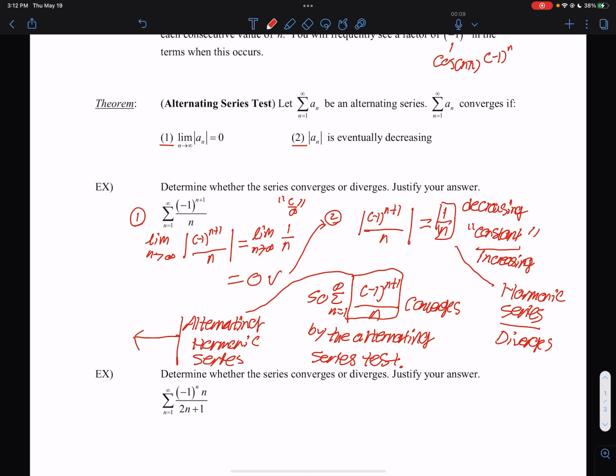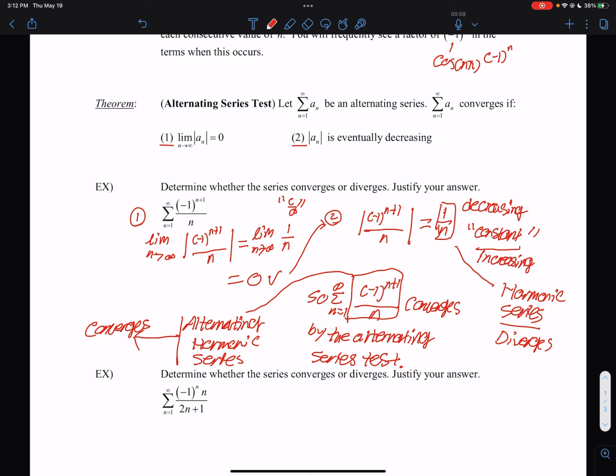This one always converges. Similar to how the harmonic series doesn't have to be reproved to diverge, the alternating harmonic series always converges, so it doesn't have to be reproved.